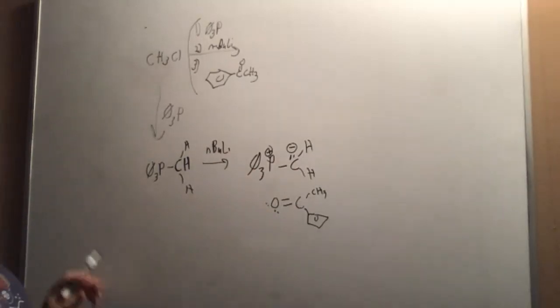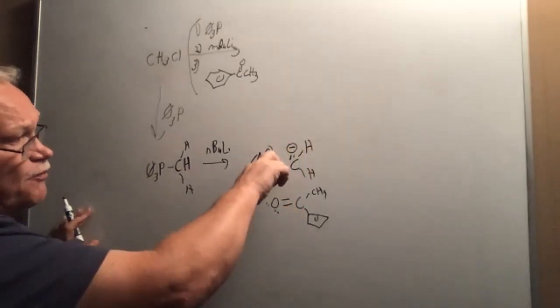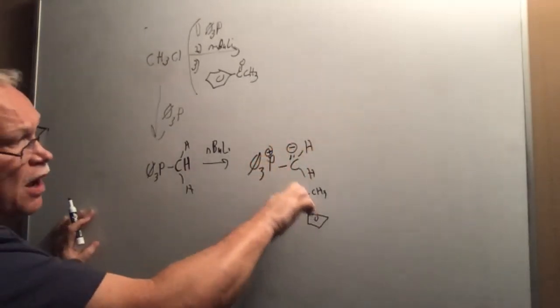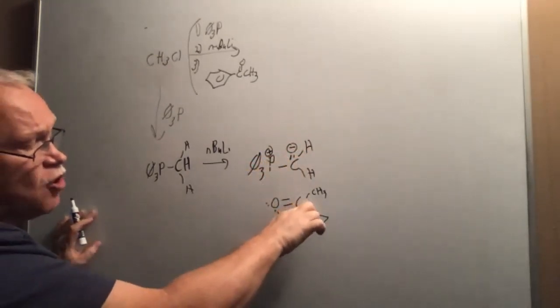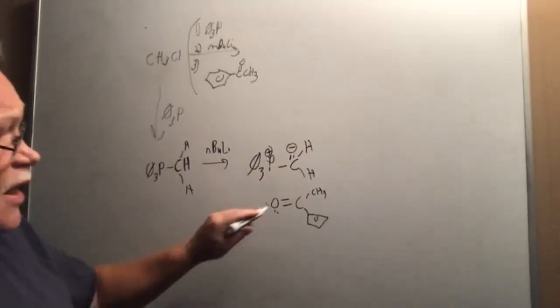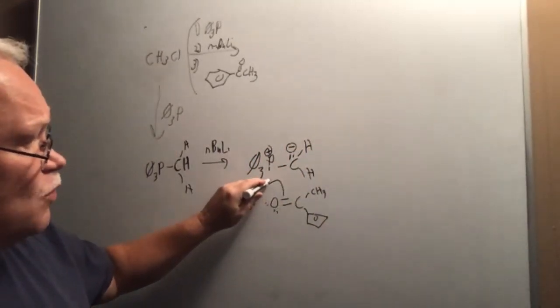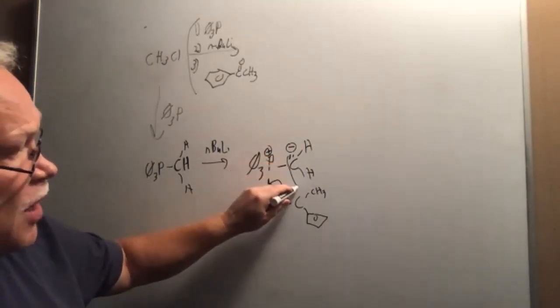Now I drew it in this orientation because notice this carbon is negative, this phosphorus is positive. This carbon is partially positive and this oxygen is partially negative. And watch what happens. This pair of electrons goes there. This pair of electrons goes there.